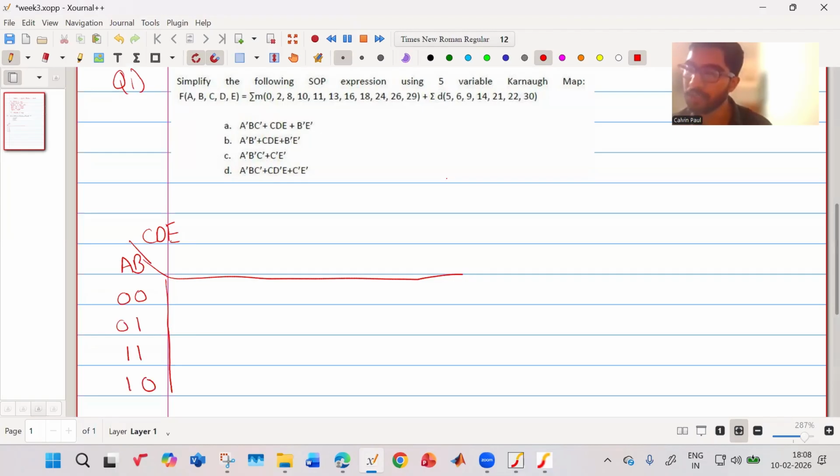It is very important to go in this order; you should not miss this order. Then, we used to have 0 0, 0 1, 1 1, 1 0 in the case of 2 variables.